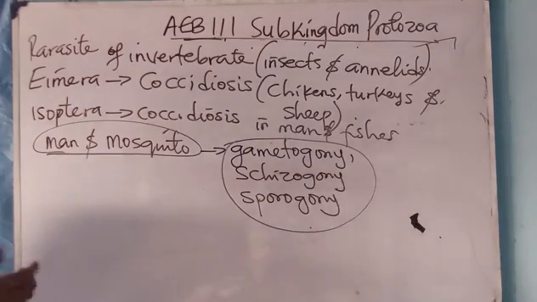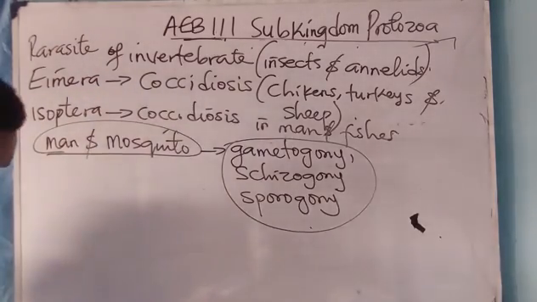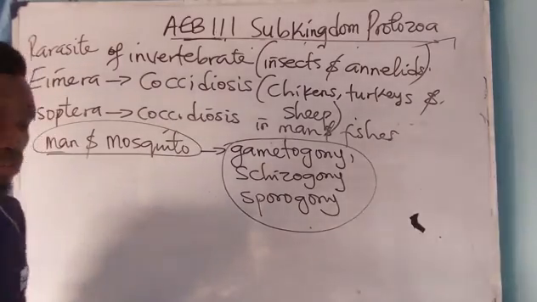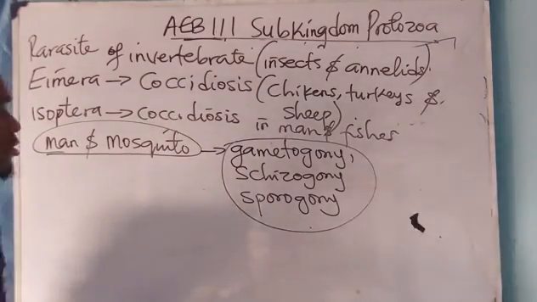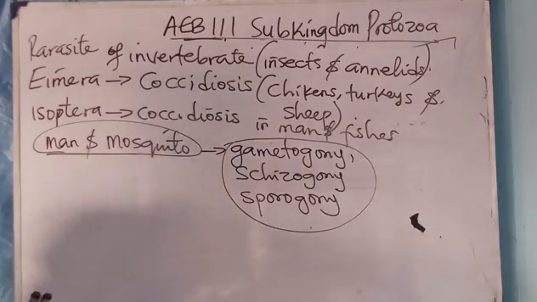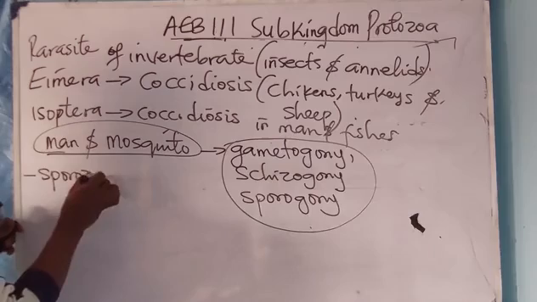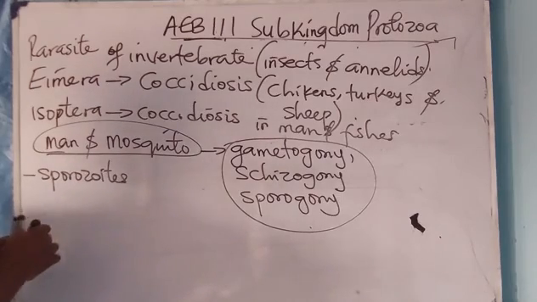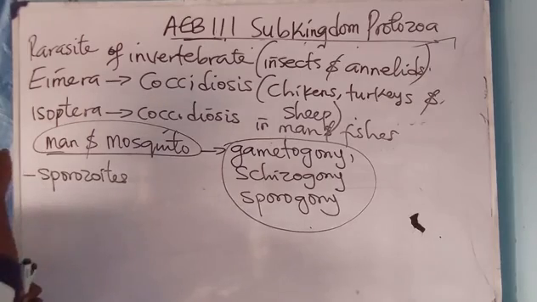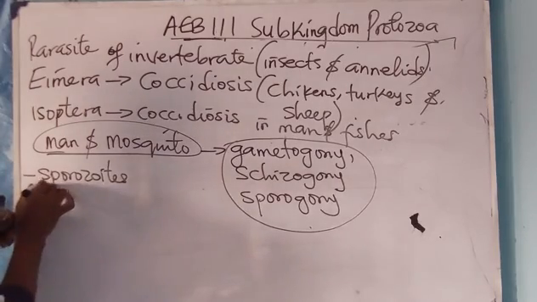Okay, now in man, how does it occur? When a mosquito bites a person, it injects the sporozoite stage. Please, the infective stage is the sporozoite stage.